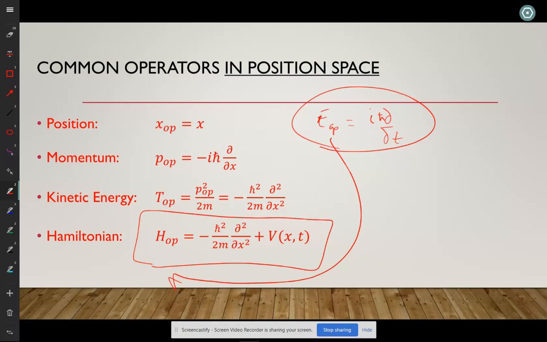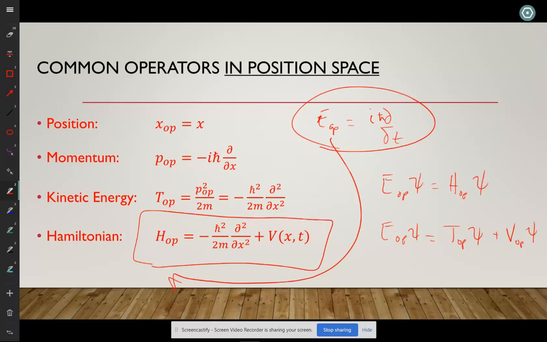So you just combine. Here's the fundamental Hamiltonian equation. The energy operator acting on psi is equal to the Hamiltonian operator acting on psi, which is more fundamentally energy operator psi is equal to the kinetic energy operator psi plus the potential energy operator psi.